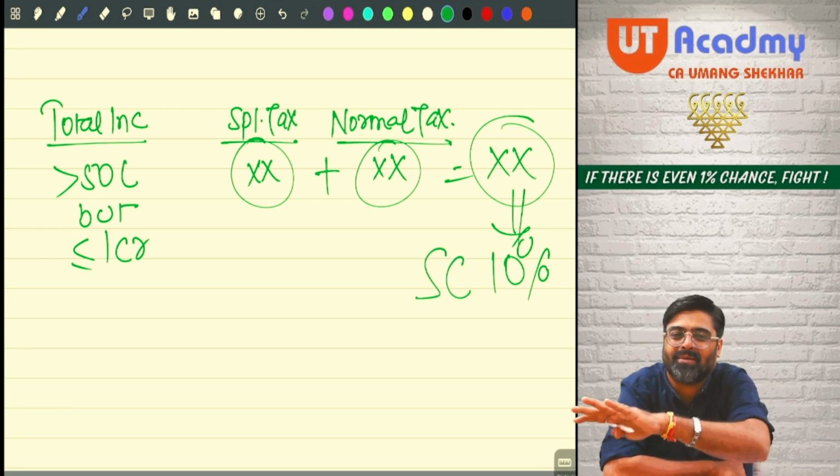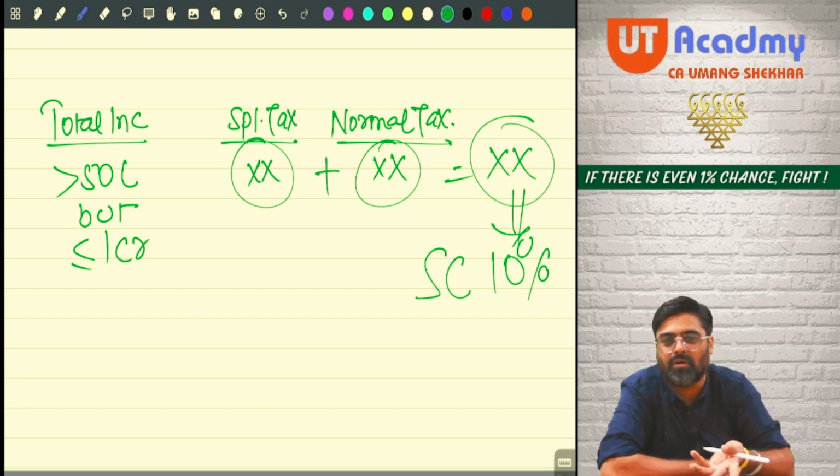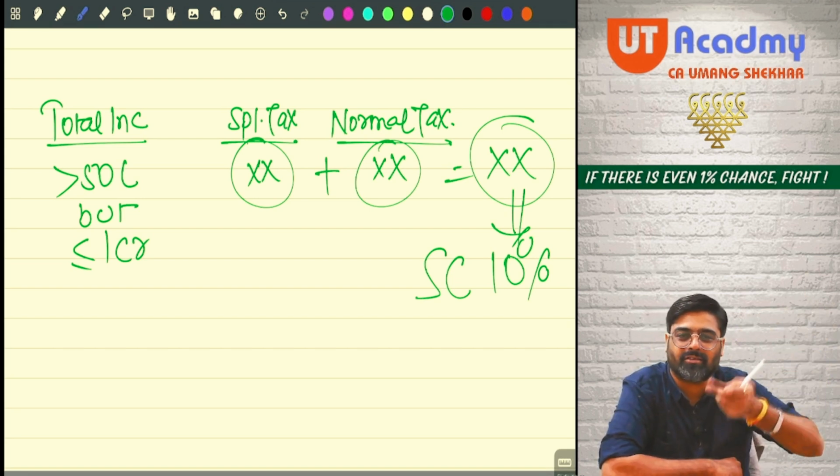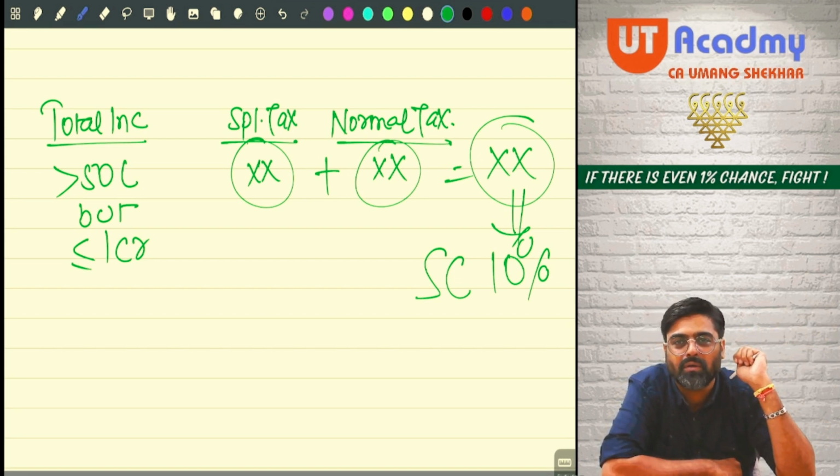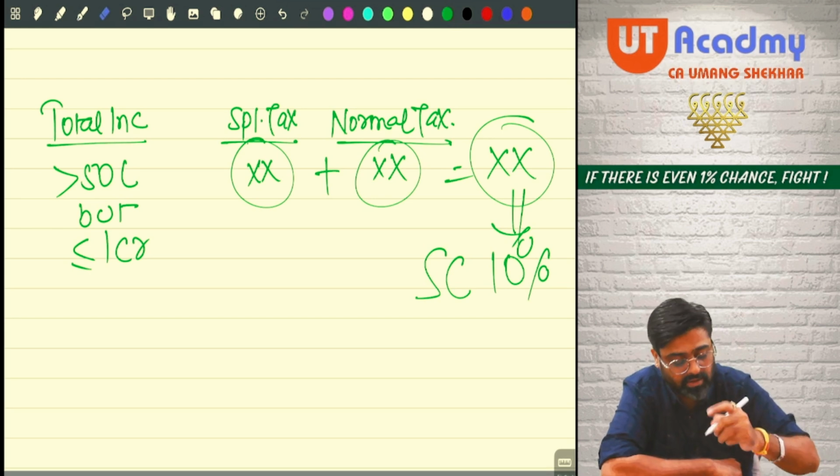Either you apply 10% here and 10% here, then also the amount will be same. Rather than doing it, add both the taxes, on the entire tax apply 10% at once. Hello? Kanu, are you there? Sure? Okay. Pay attention now.